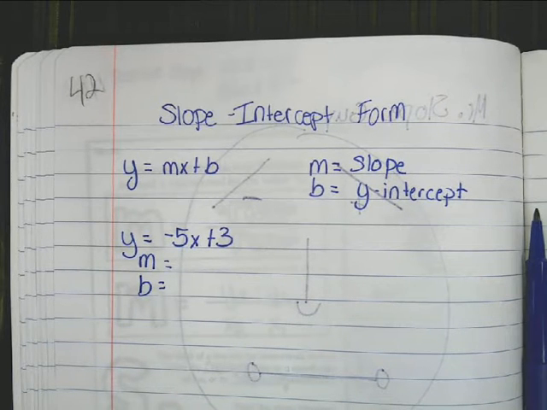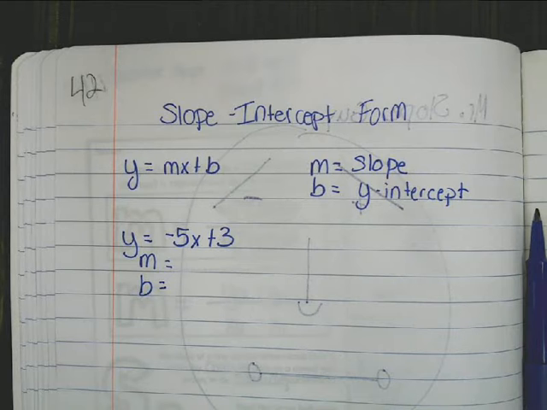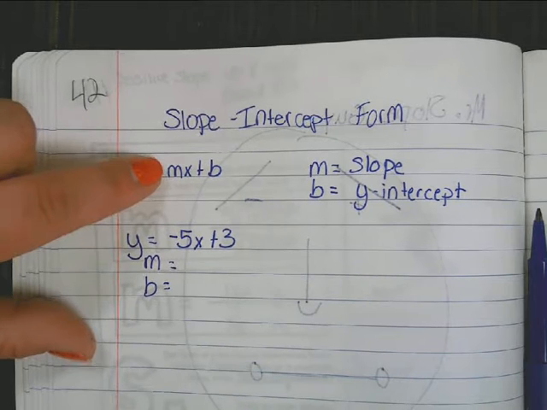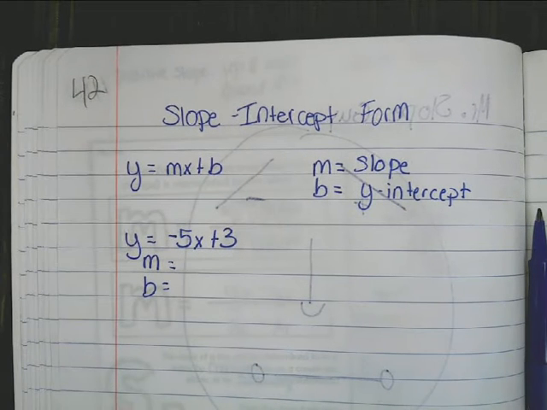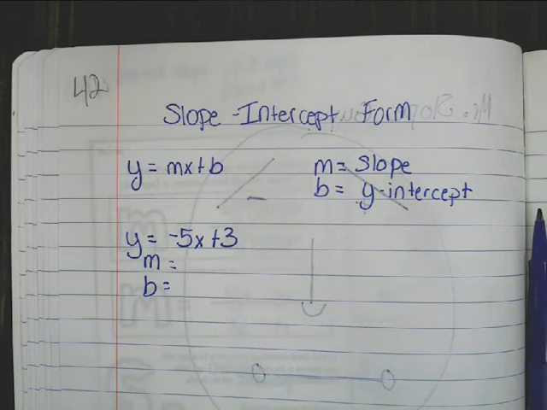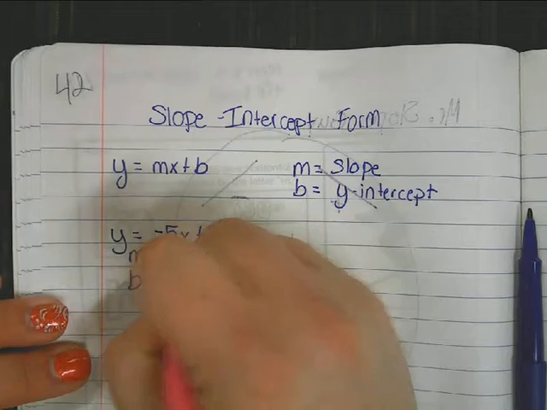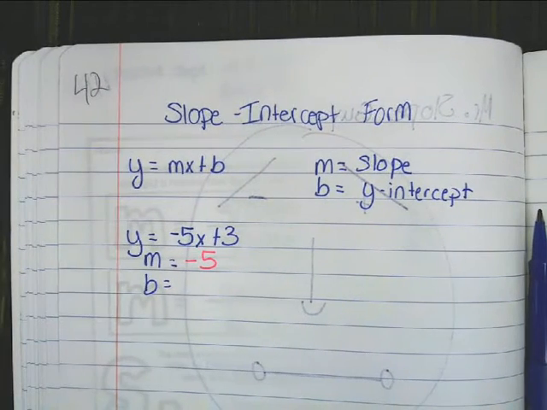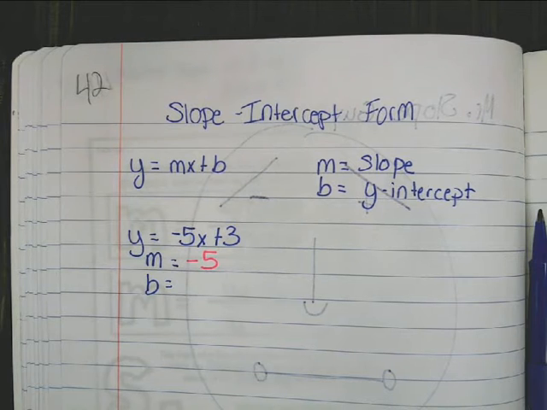So when I look at this, my m is in front of my x. What is the number in front of my x? Negative 5. So m is equal to negative 5. What does my b equal then? 3. And that's all you have to do for those.